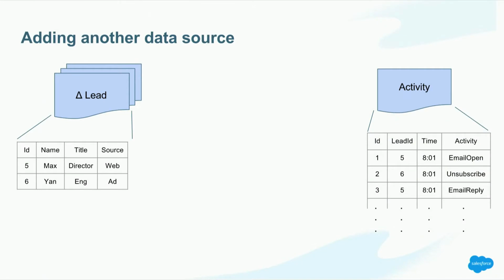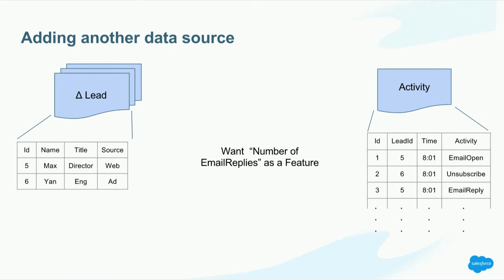Things get more interesting when you add other sources. For example, our data scientists are clever, and they say, well, actually, we want some data from a different object. We want the number of email replies as a feature. Great, we have this in the activity object.